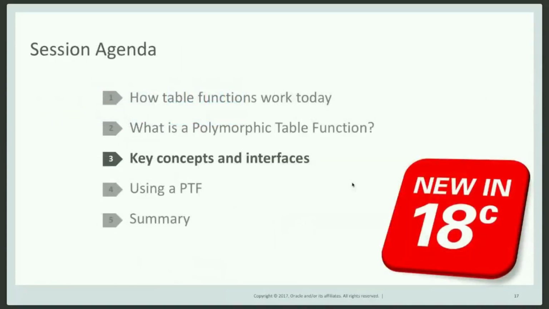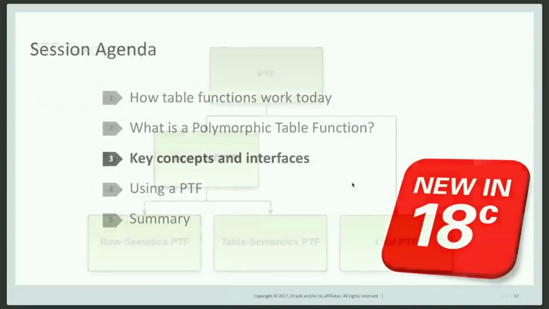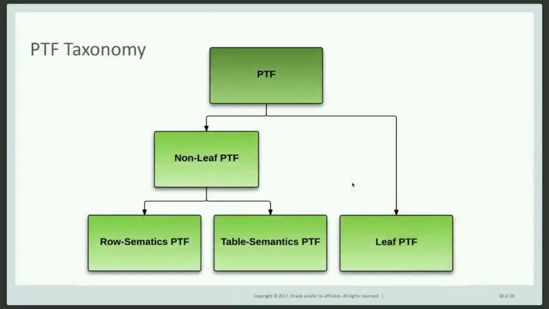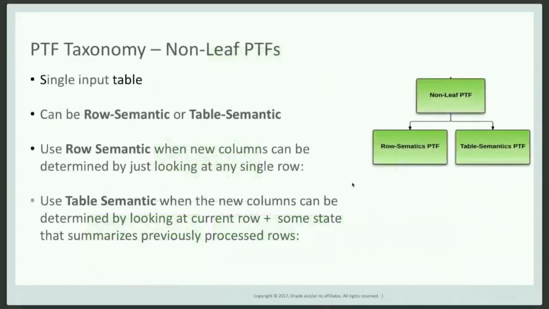So let's look at some of the key concepts and interfaces. We'll describe what it should do. The question now is, how exactly do we go about doing that? And we essentially have two types of polymorphic table functions. There's non-leaf PTFs, which are subdivided into row and table semantics, and we have a leaf PTF, which at this point probably is not going to mean anything to anyone.